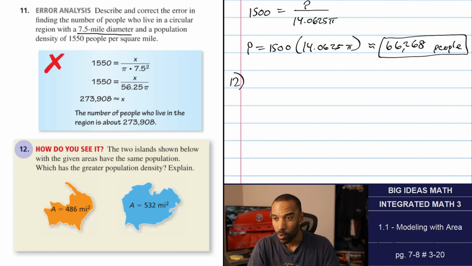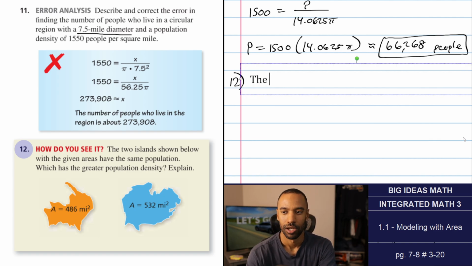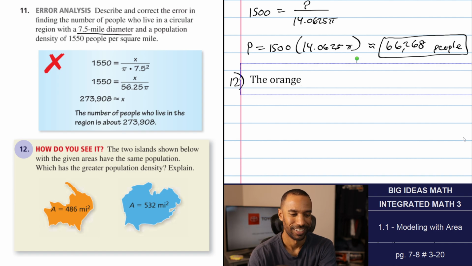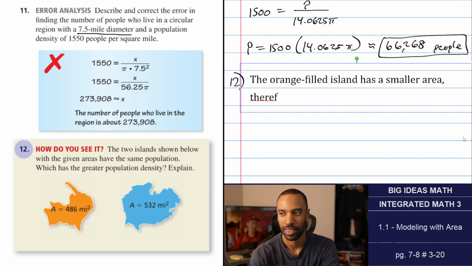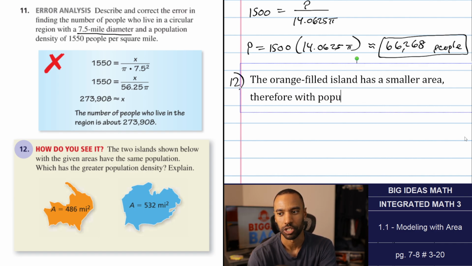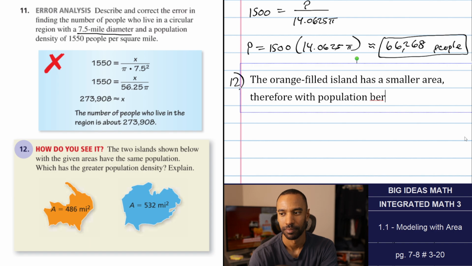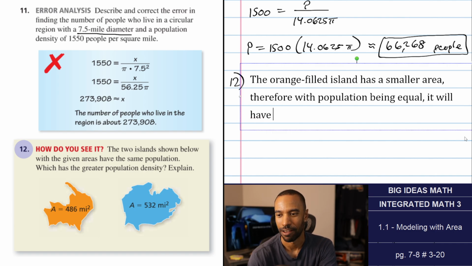So the orange one, because they don't say what islands they are, or nations or whatever, the orange-filled island has a smaller area. Therefore, all other things being equal, with population being equal, it will, notice I just typed equation naturally, it will have greater density.